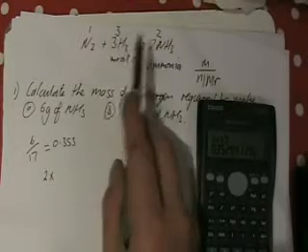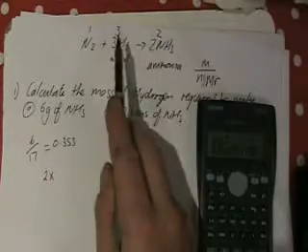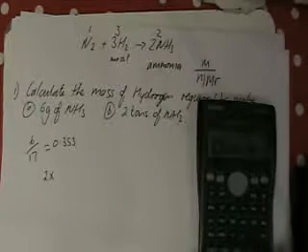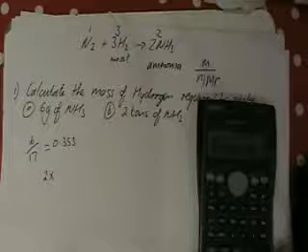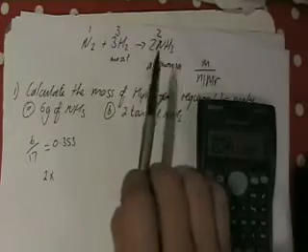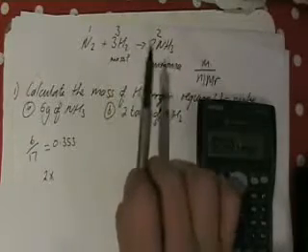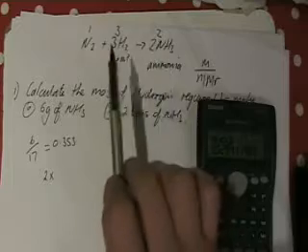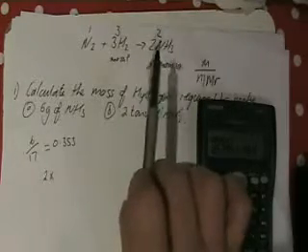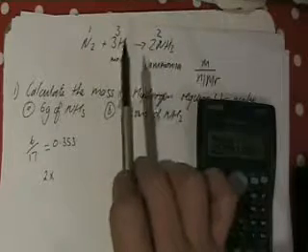0.353, but remember it's a 2 to 3 ratio, so the 3 is bigger than the 2. We've got to take that value and multiply it by 1.5, or divide it by 2 and multiply it by 3. I suspect that's the way many of you might do it. Either way, it's got to be 1.5 times bigger than this number of moles, because the ratio is 2 to 3.